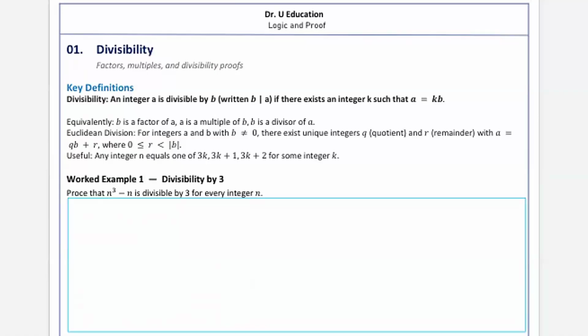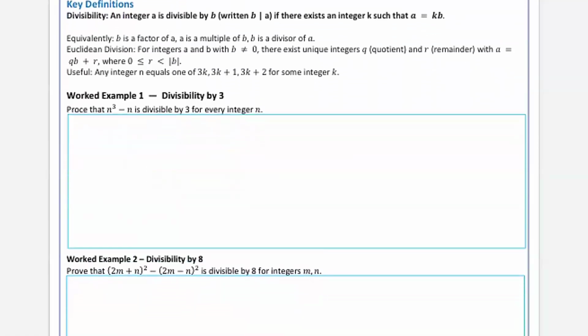Now you can see factors, multiples, and divisibility proof. So when you have a question like this, you try to make factors or multiples so that you can look into the divisibility, okay? Very easy concept. Let's look into this one.